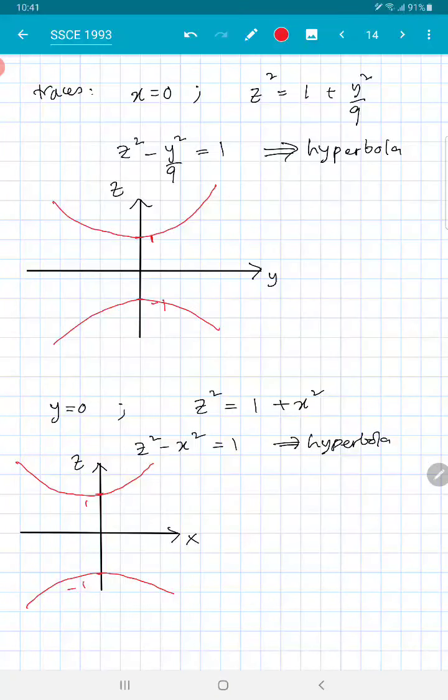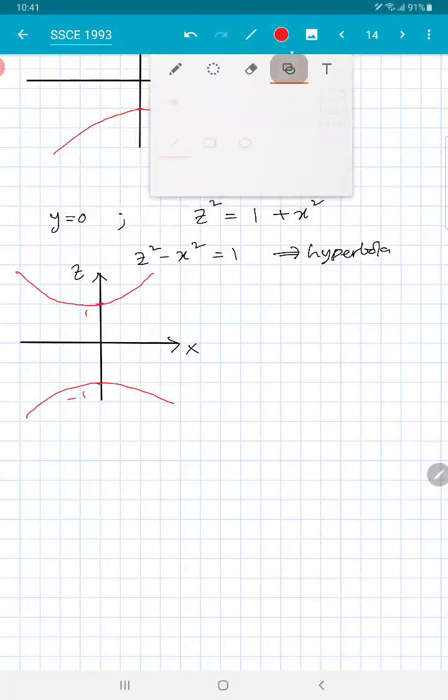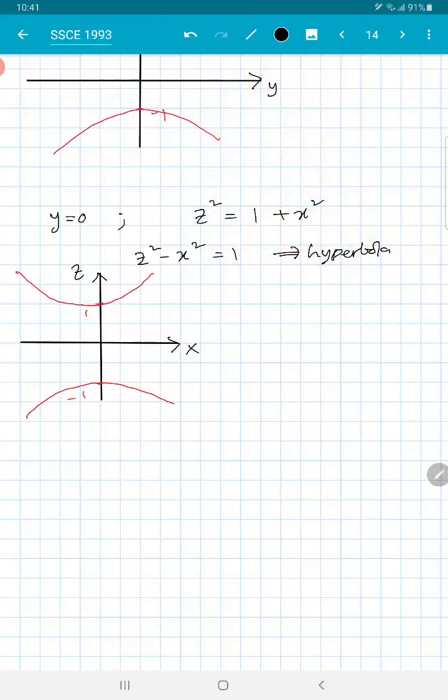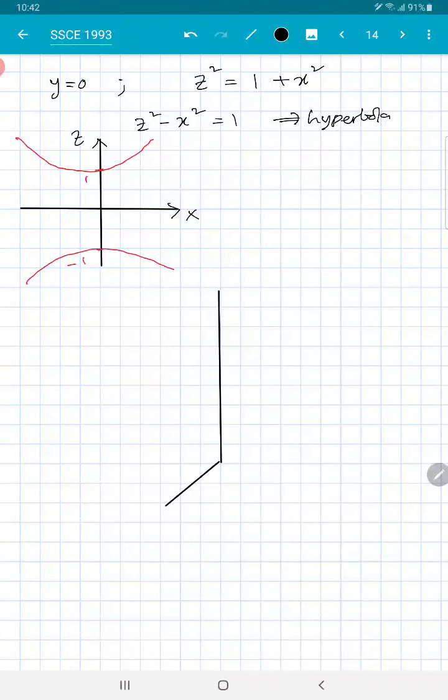Alright, now the fun part, putting everything together. Okay, so let's put everything together. We need the XYZ space. And so the Z-axis, X-axis, and the Y-axis. And we also need the negative part.